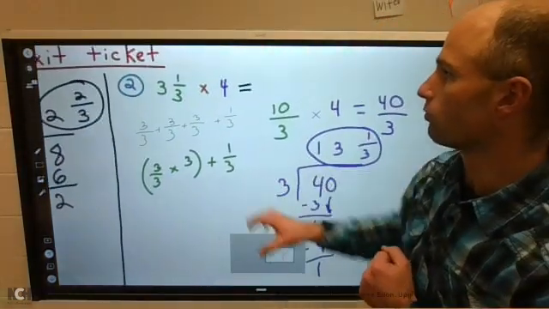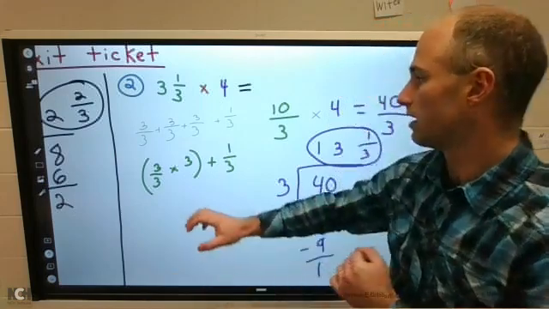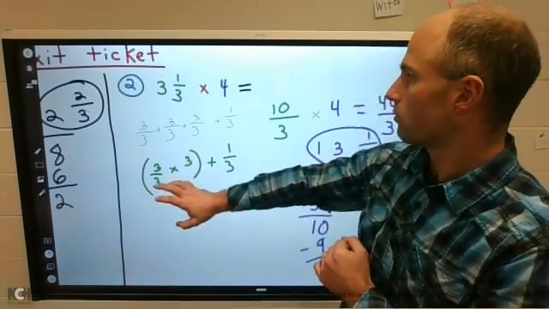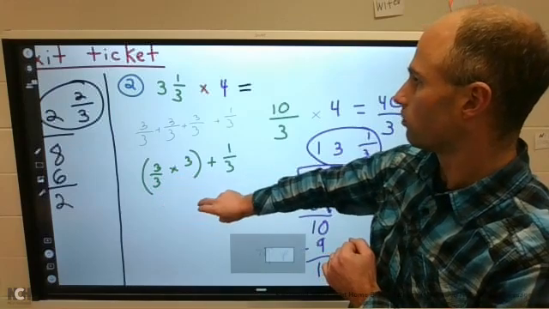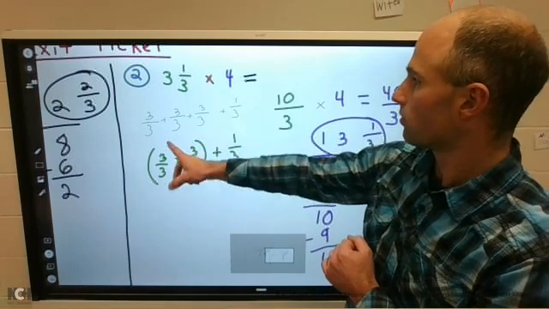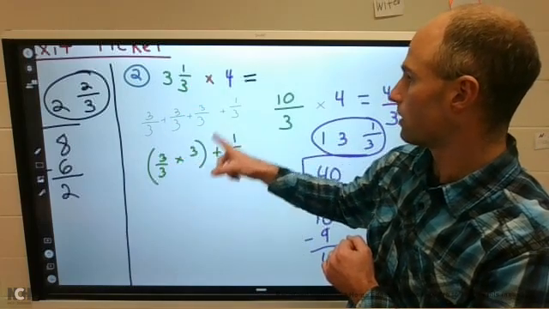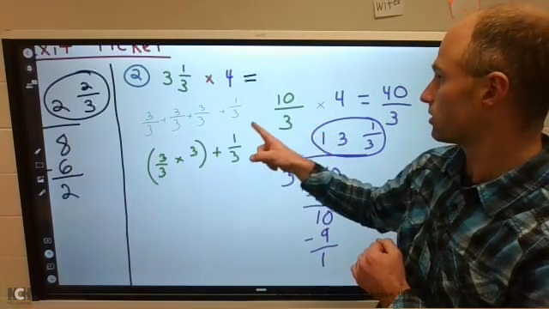For number 2, we get a mixed number of 3 1/3 times 4. All right. So 3 1/3 times 4, we are going to get 3/3 times 3.